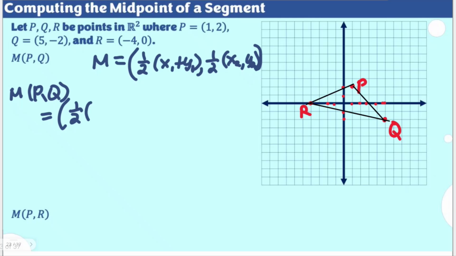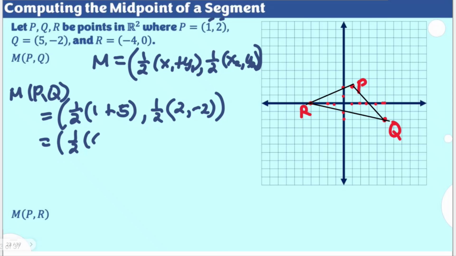1/2 of the first component of P, which is 1, plus that of Q, which is 5, and then 1/2 of the second components, 2 and -2. So this is actually 1/2 of 6 and 1/2 of 0. That would mean that the midpoint between P and Q is at (3, 0).